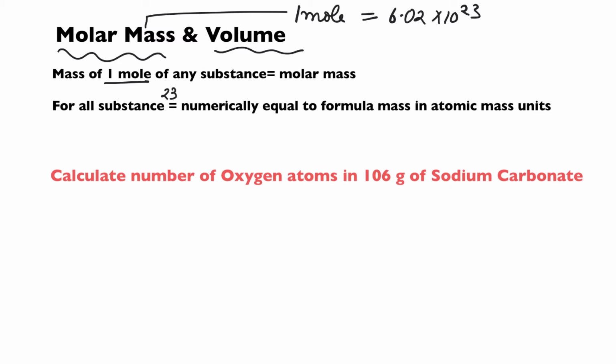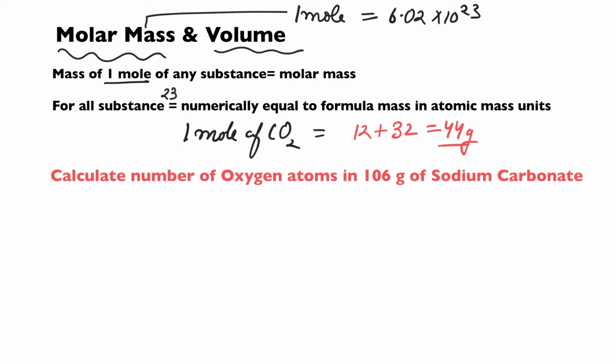So if I say 1 mole of carbon dioxide, that means the formula mass of that is carbon 12, oxygen 16 times 2, that's 32, that comes out to be 44. So the molar mass is numerically equal to the formula mass.